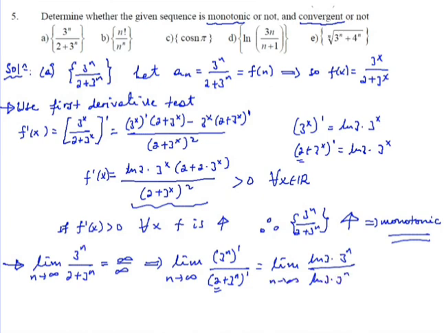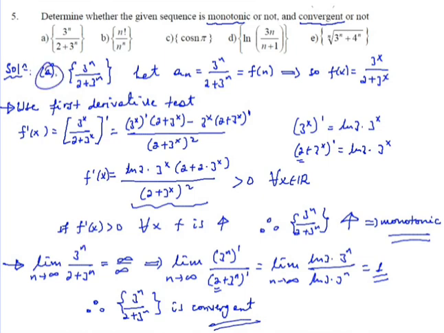As n approaches infinity, this is 1, so the sequence converges to 1. Therefore the sequence 3 to the power of n over 2 plus 3 to the power of n is convergent እንላለን ማለት ነው.